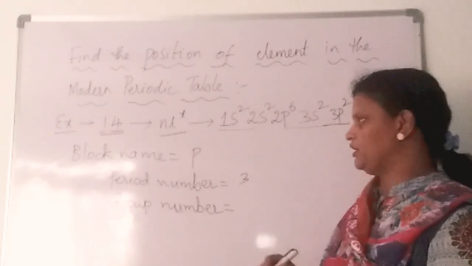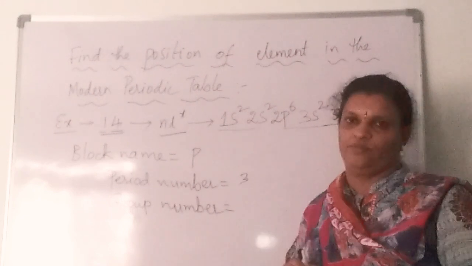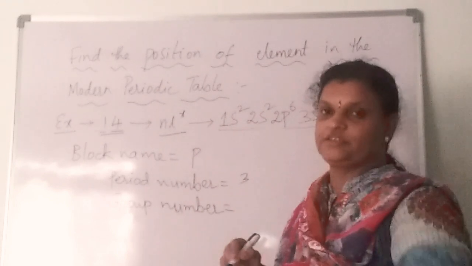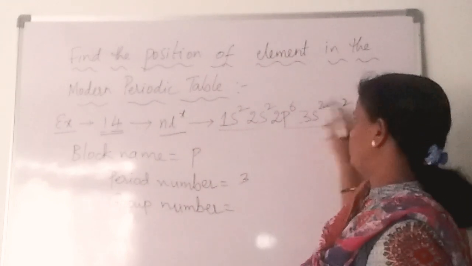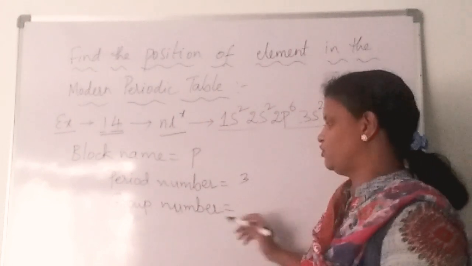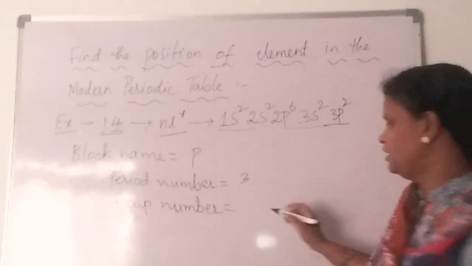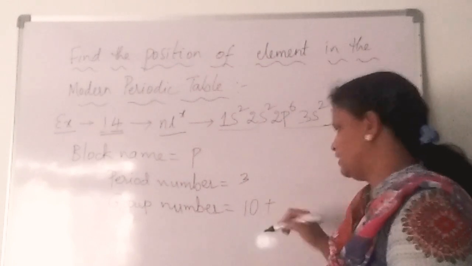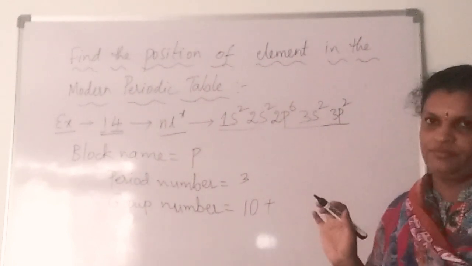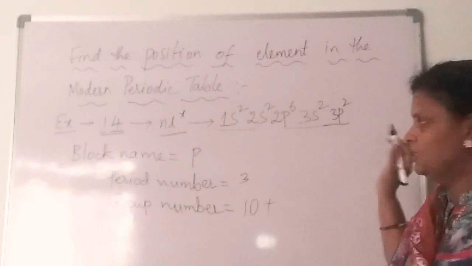Then what about the group number here? It belongs to the p block. Before, we dealt with the element present in the s block. There we counted how many electrons are there in the last shell, and that became the group number. But here, for writing the group number, it is 10 plus the number of electrons present in the last shell.